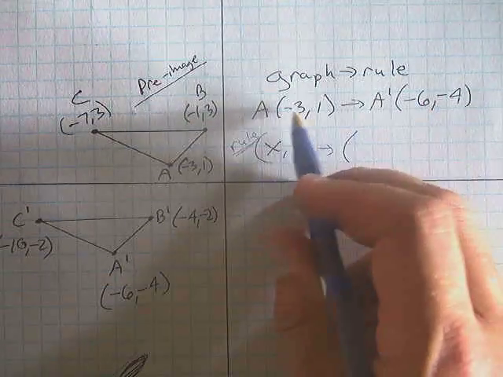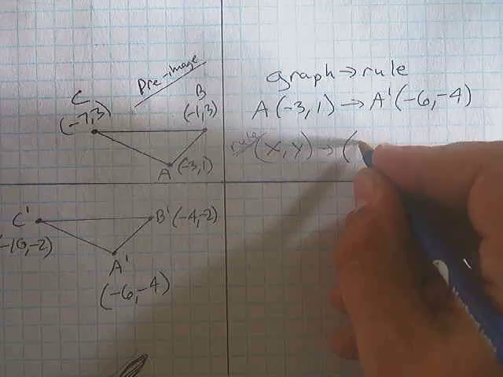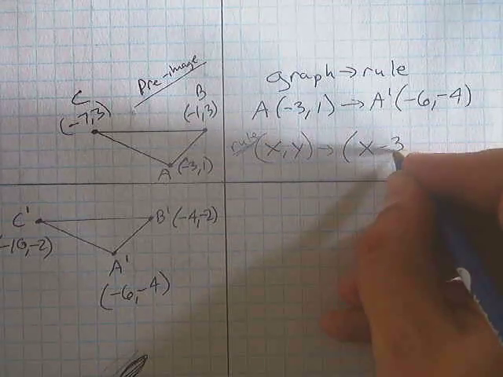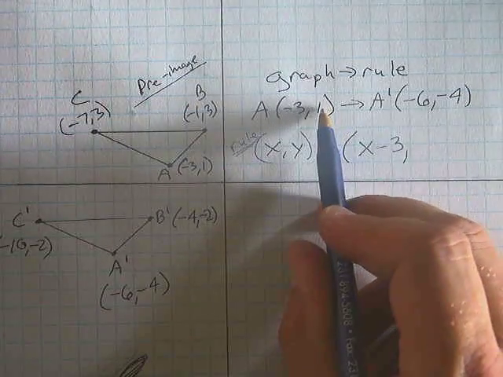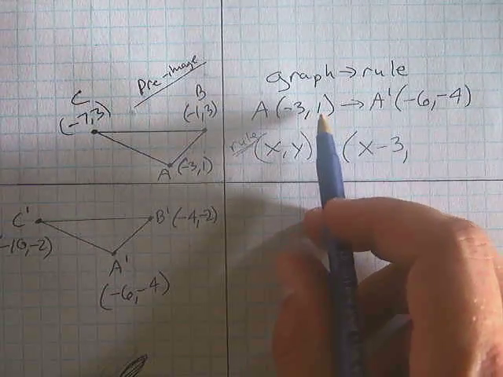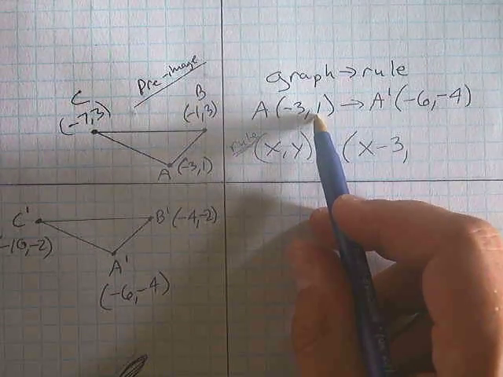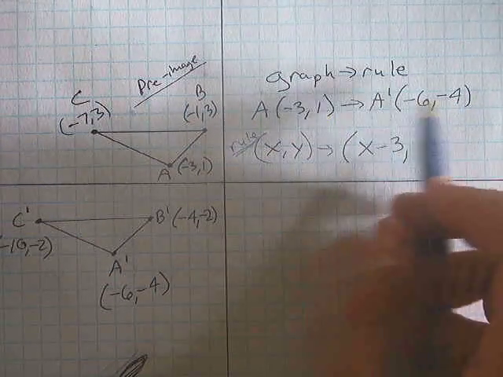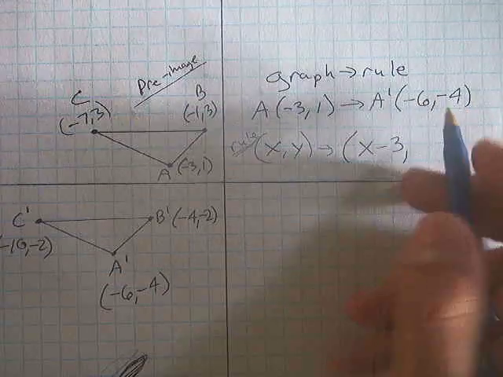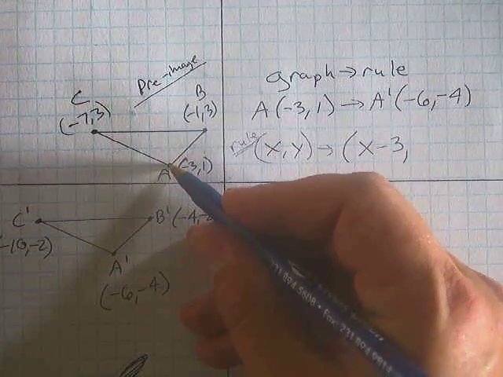We're going from -3 to -6. That means we're going to the left 3. So if you check on the graph, we're going 1, 2, 3 to the left. So how is that going to affect the x coordinate? The x coordinate is going 3 to the left. So it's going to be x minus 3.